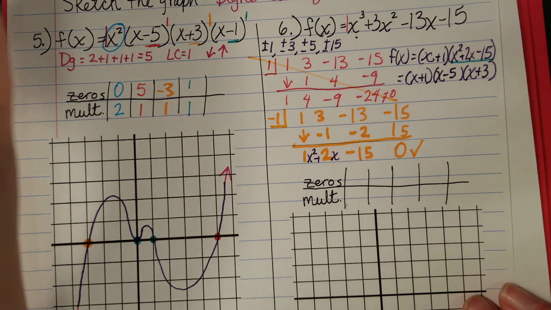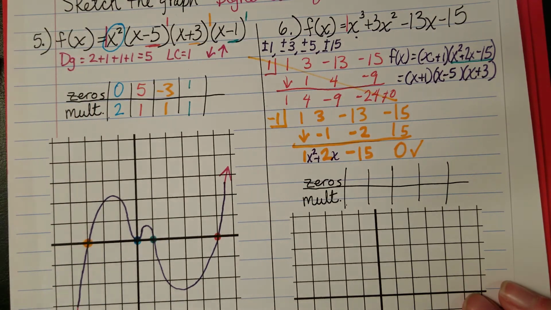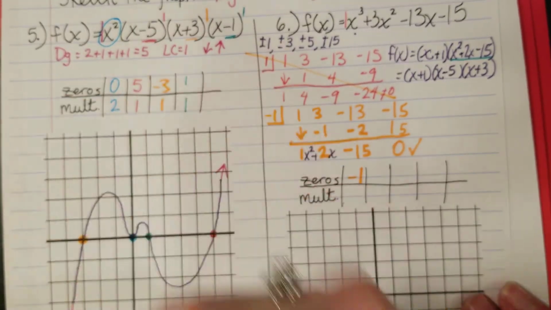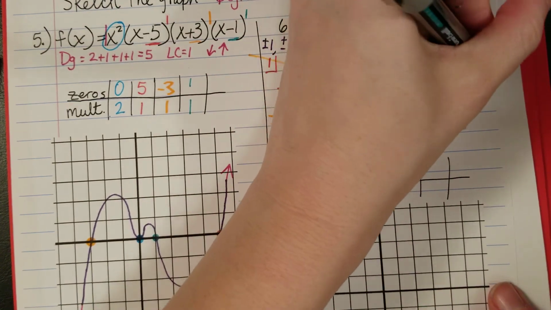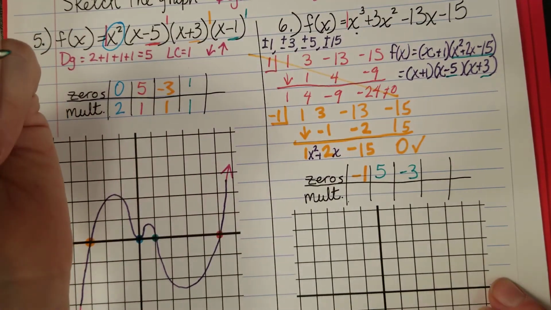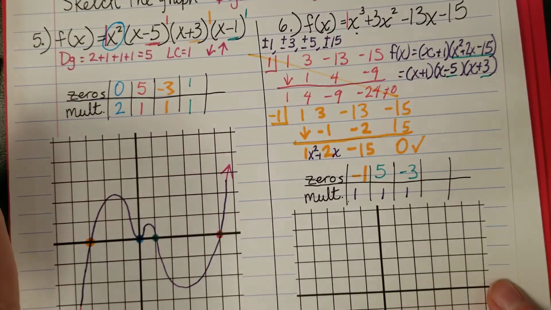Okay, and so my zeros, they all have multiplicities of 1. So I've got a 0 at -1. And then I have a 0 at +5 and -3. And like I said, they all have multiplicities equal to 1.